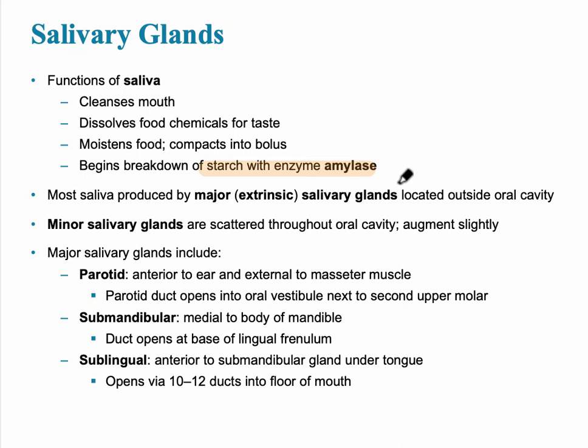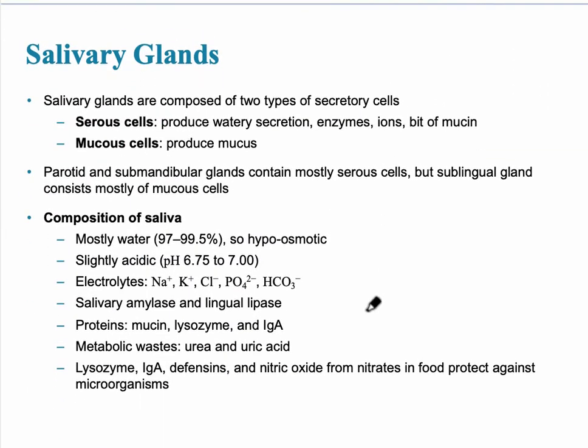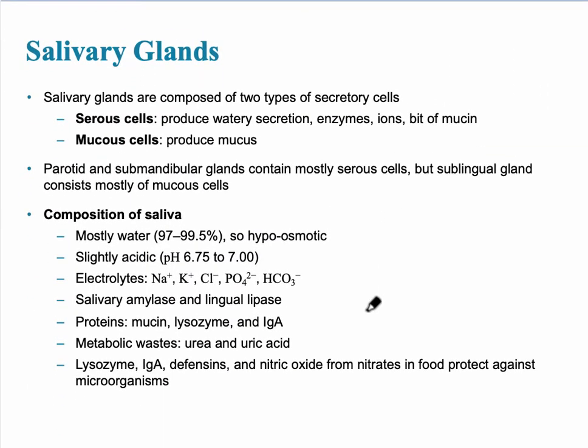Most saliva is produced from these major salivary glands, again the parotid, submandibular, and sublingual, all of which open into the oral cavity. That's triggered by the presence of something put in the mouth, or just by the thought of eating something. If you're thinking about something you want to eat, your mouth starts to water for that very reason.